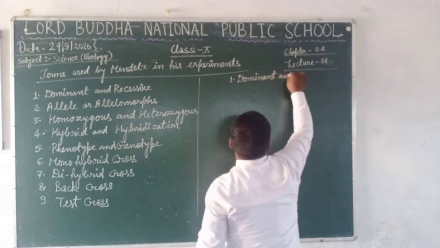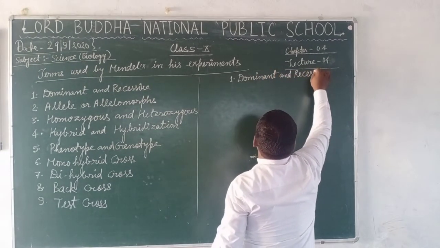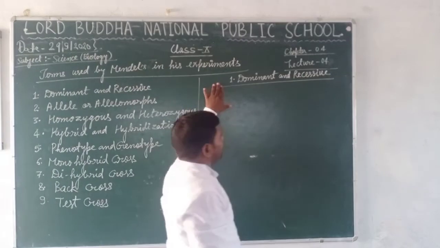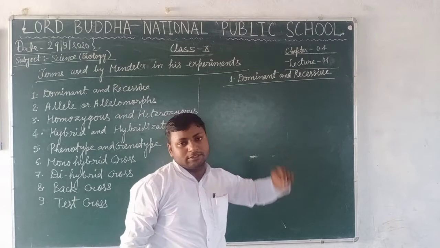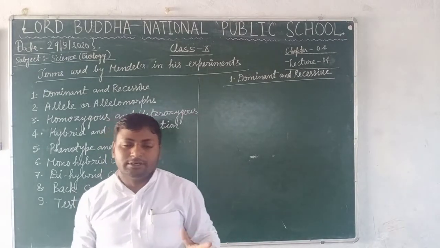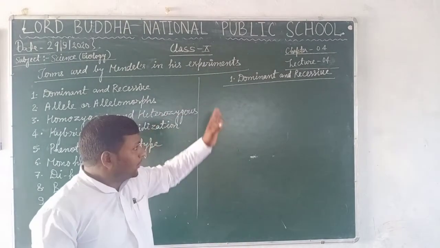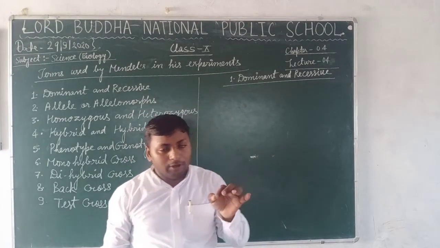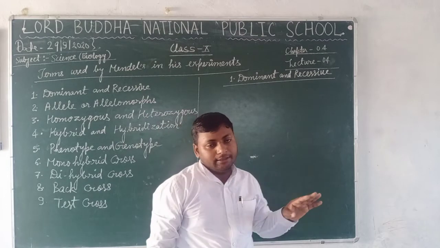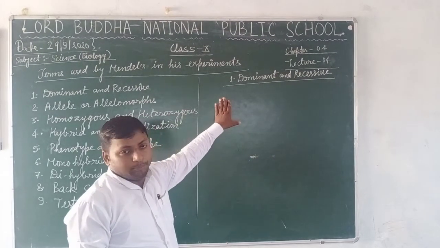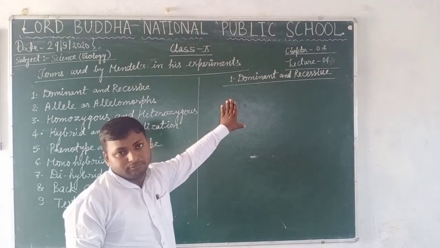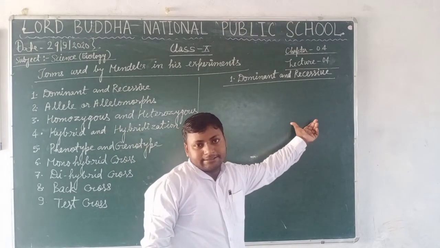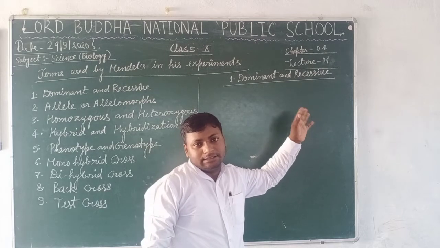Dominant and recessive. Students, what is dominant and what is recessive? Mendel used the term dominant for the kind of characteristic among the pair of alleles that suppresses or overlaps the other trait present in the gene pair.